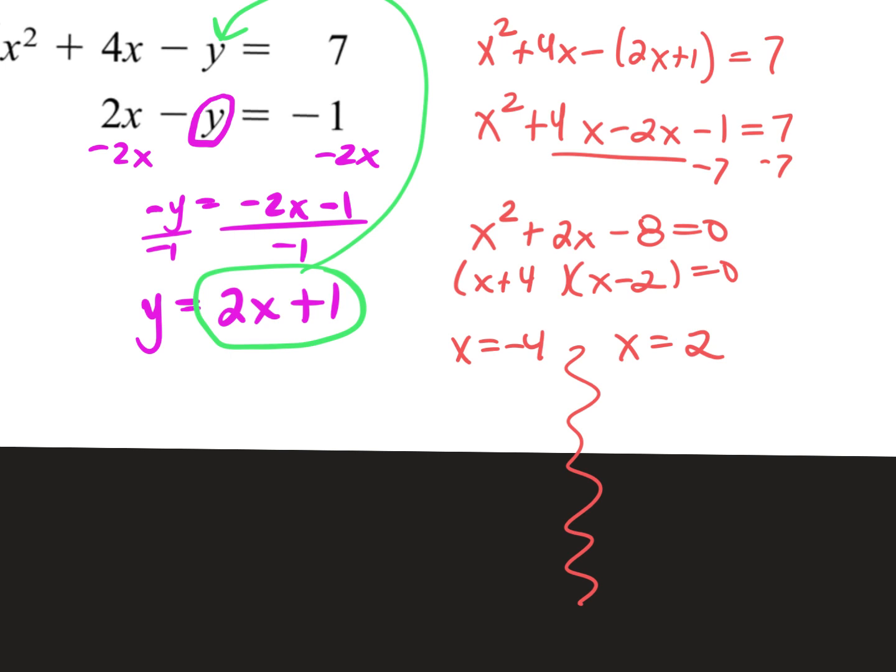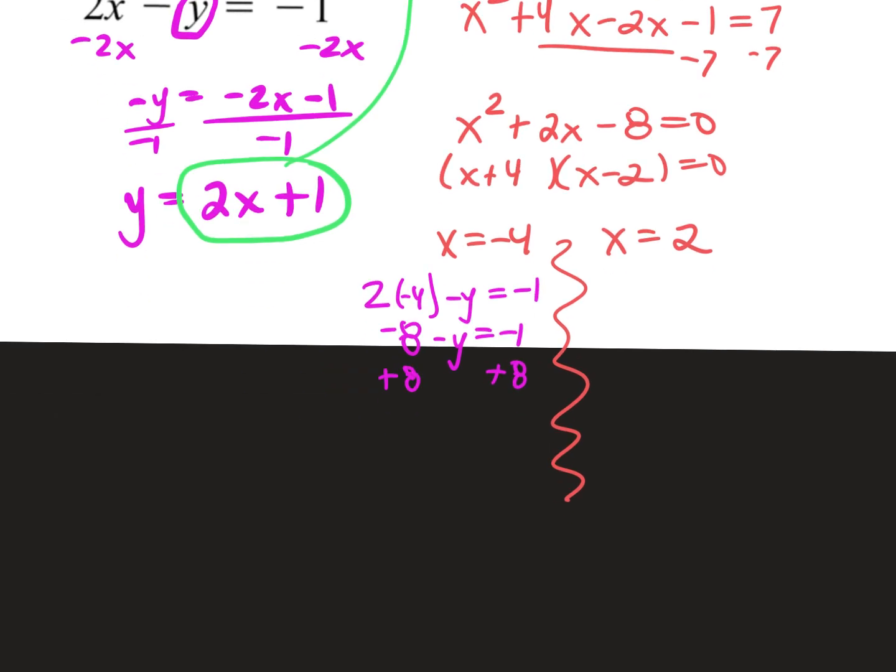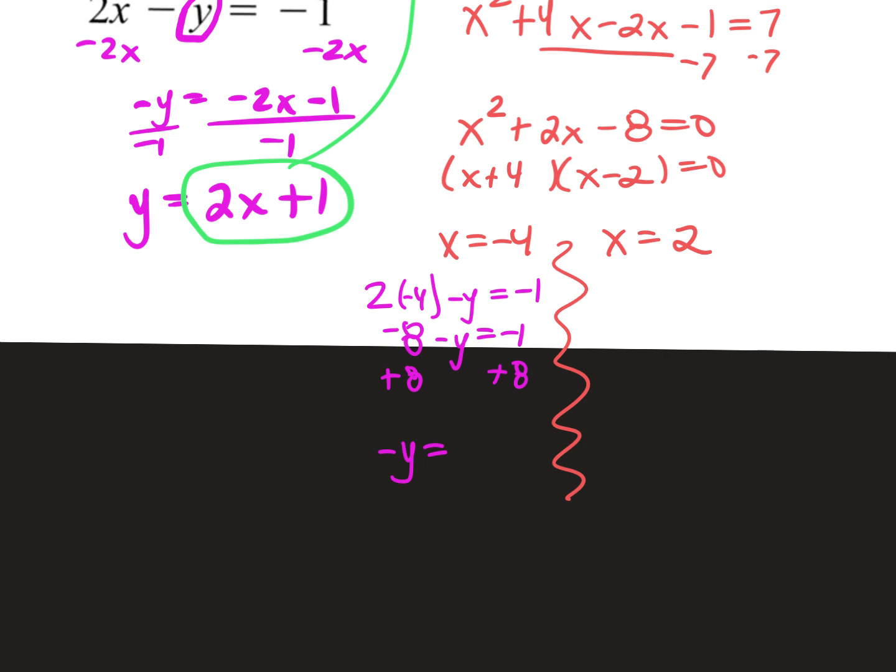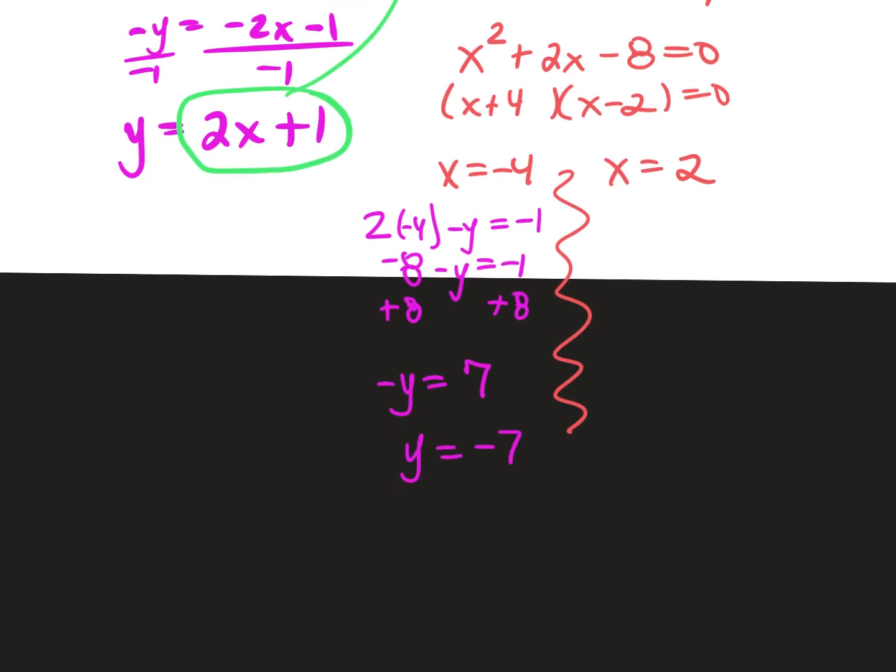So 2x, I found out x was negative 4, minus y equals negative 1. So 2 times negative 4 is negative 8, minus y equals negative 1. We're going to add 8 to both sides, correct? So negative y equals 7. So what does y equal? Negative 7.